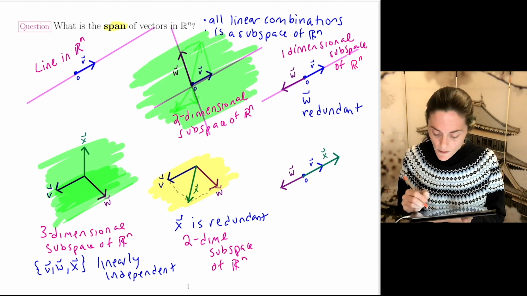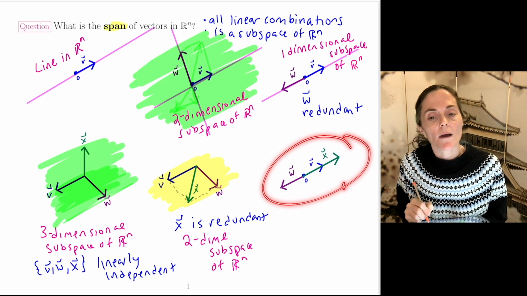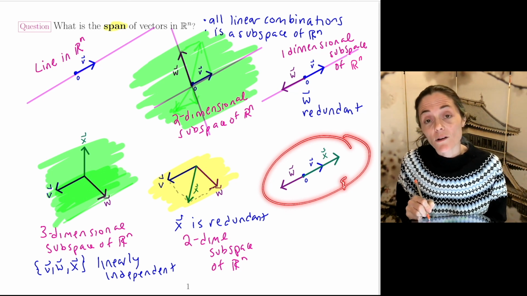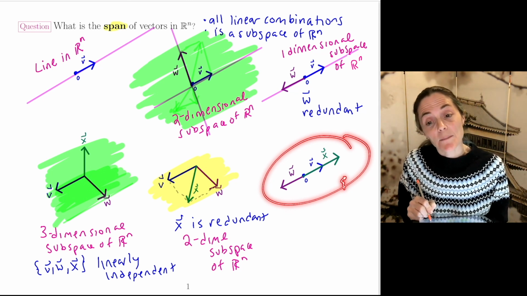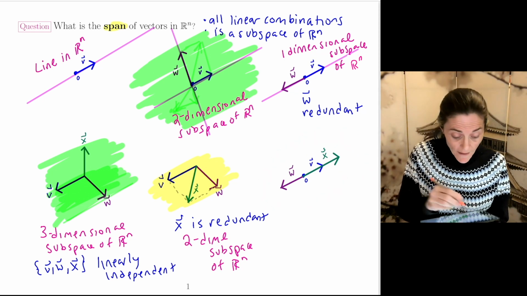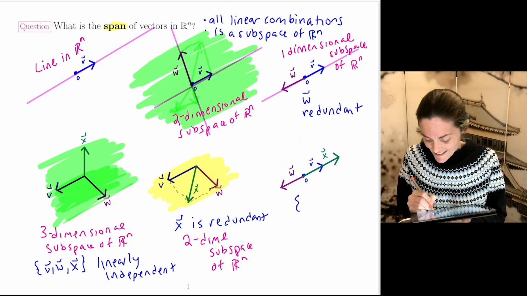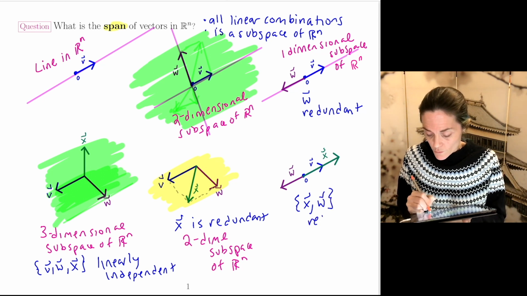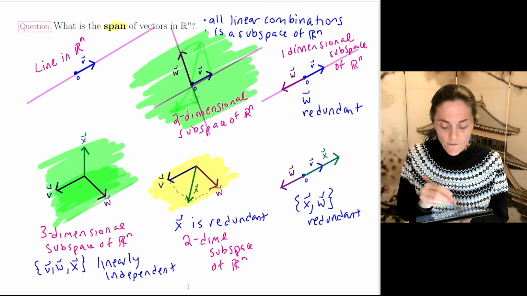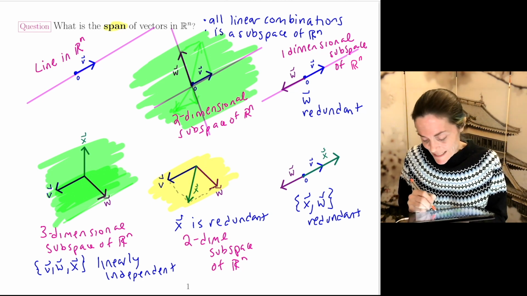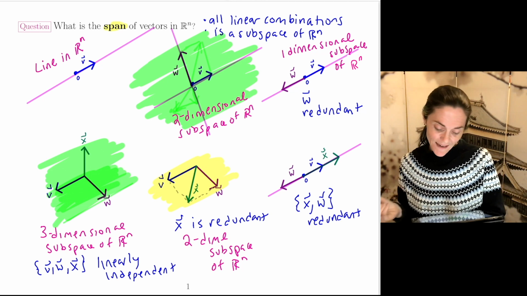But even more so, in this example, V, W, X all lie along the same line. So in this example, we have two redundant vectors. X is redundant and W is redundant. These are both redundant. And you can see what we get. If you take all possible linear combinations, you just have this line.